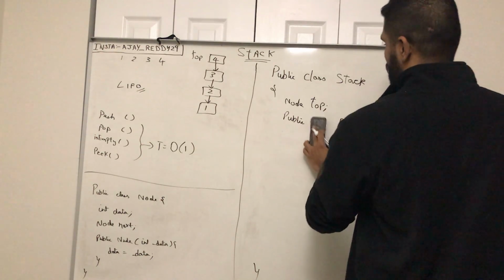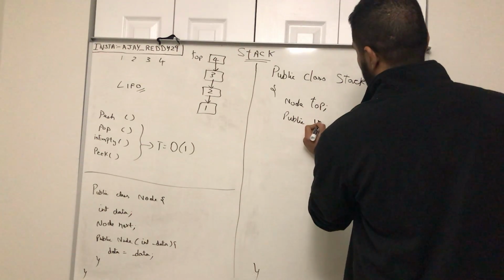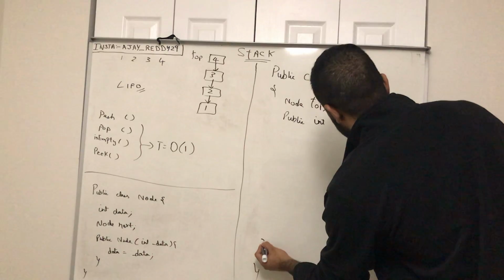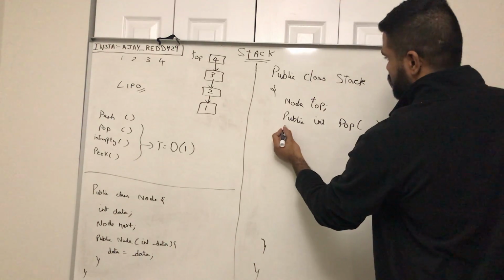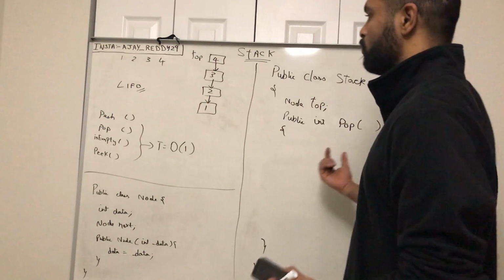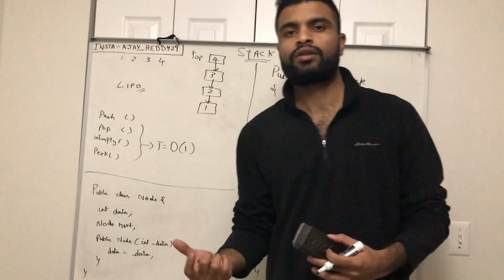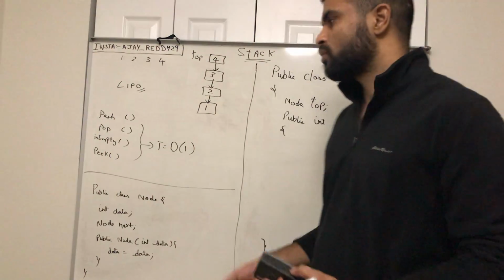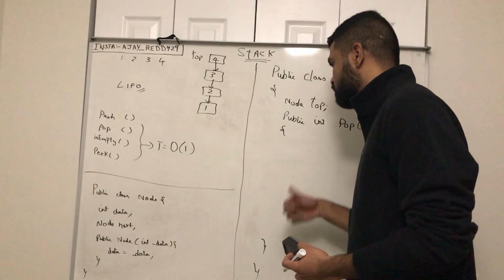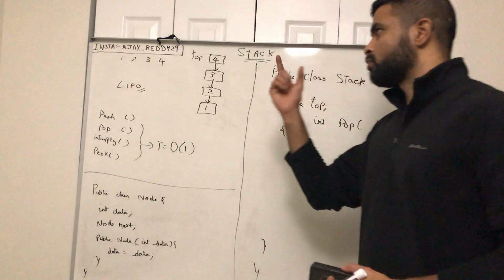Pop will actually return the data as well. The pop function will delete the top element and also return the data in the top element. For that reason I kept the return type as int. So let's see how we can remove the top element.